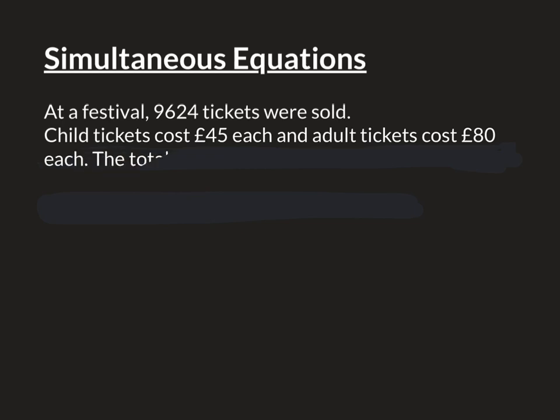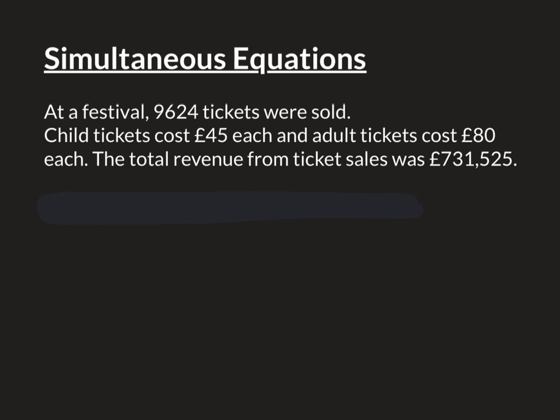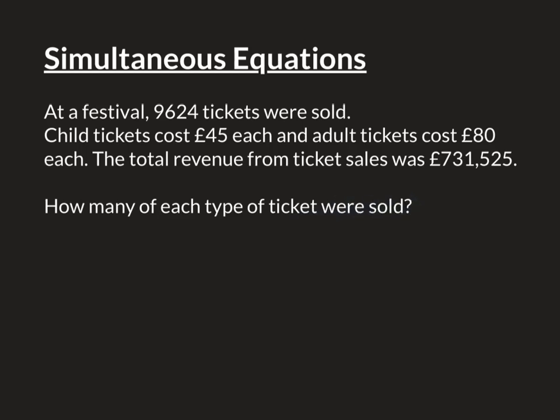And we know that the total revenue from ticket sales was £731,525. And the question here, how many of each type of ticket was sold? So how many children's tickets and how many adult tickets were there?